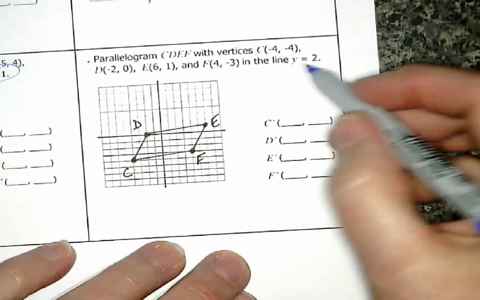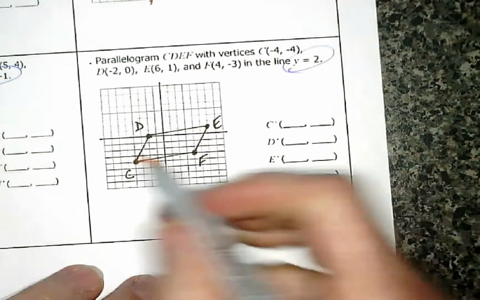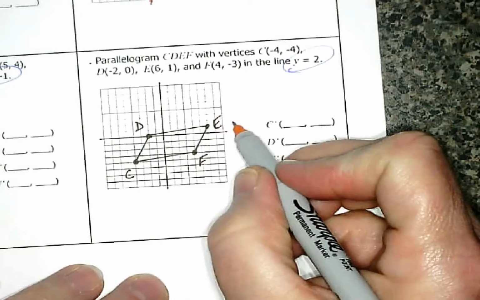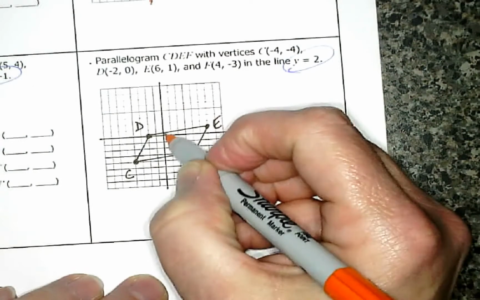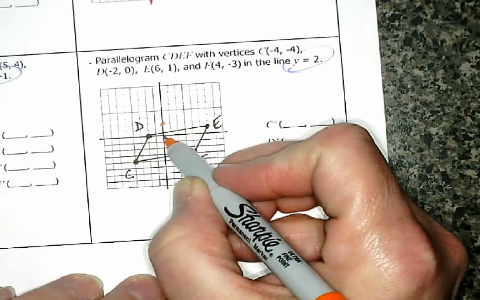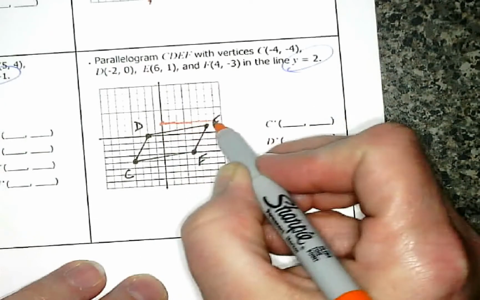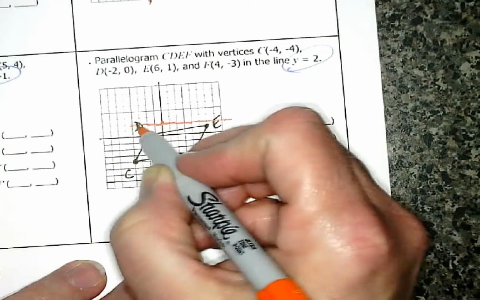And our last one, y equals 2. With y equals 2, that is going to be a horizontal line that passes through positive 2. Here's where I start, here's my y, I count up to the positive 2, and this is my line of reflection.